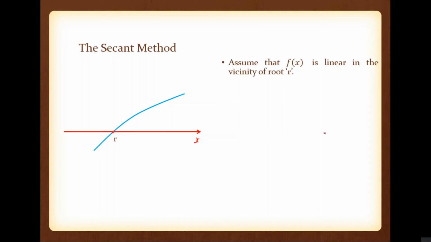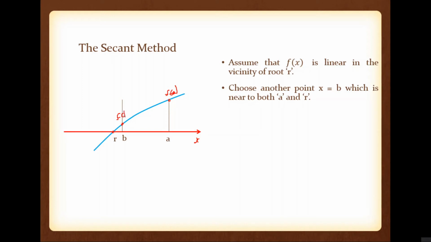Here we need two initial conditions, A and B. Please note, the linear interpolation method requires two initial conditions A and B. But the most important point is, for the secant method, the sign of f of A and the value of the function at B, f of B, are not important.